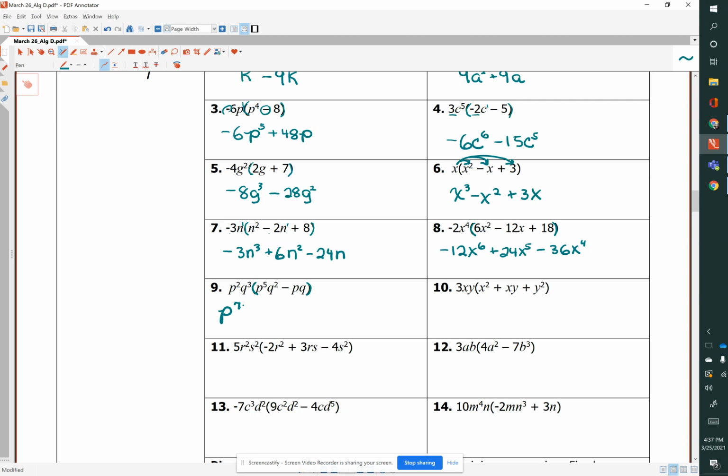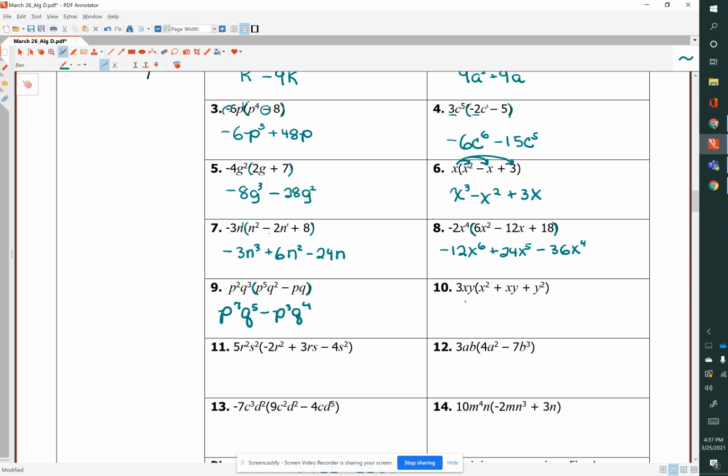Remember, this is multiplying, so we add the exponents. This is not raising a power to a power. Then we have q, 3 plus 2 is 5, minus p squared times p is p to the third, and q to the third times q is q to the fourth. And these are not like terms, we cannot combine them.